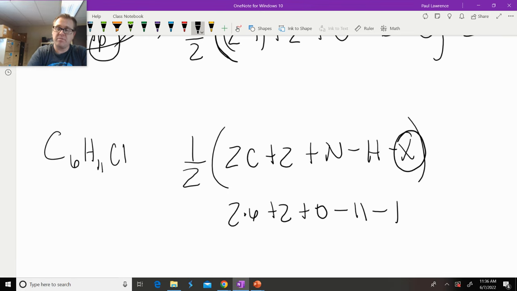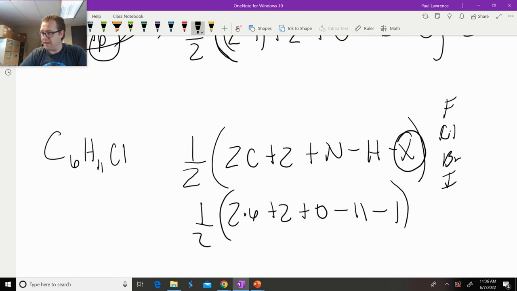The X represents all the halogens, so that could be fluorine, chlorine, bromine, and iodine. I have one of those, and then that's all divided by 2, and you will see that that molecule does in fact equal 1 degree of unsaturation.